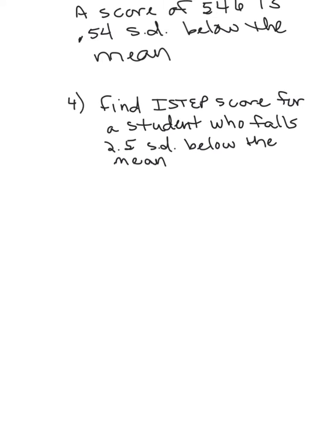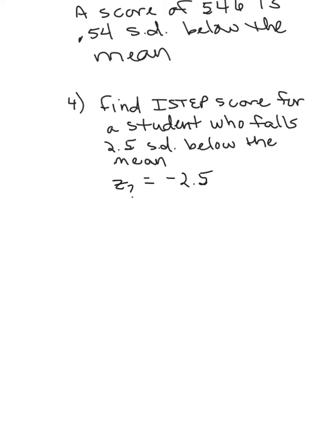On example 4, you are asked to find the I-STEP score for a student who falls 2.5 standard deviations below the mean. Because we are told how much the student fell below the mean, we know the z-score has to be negative, because it says below, 2.5.